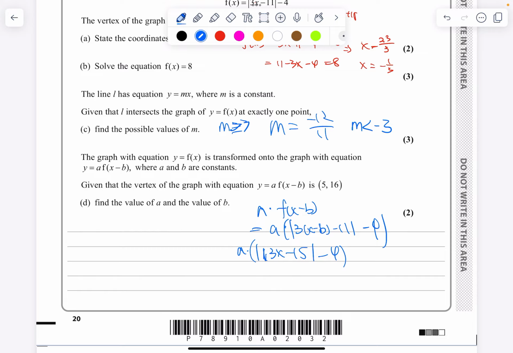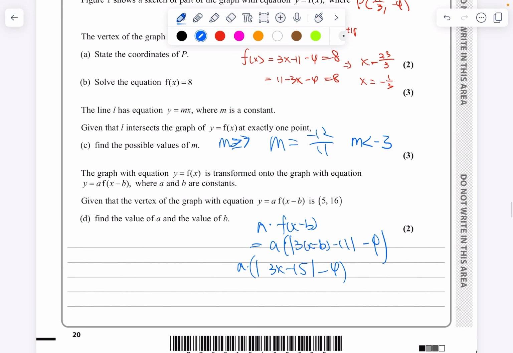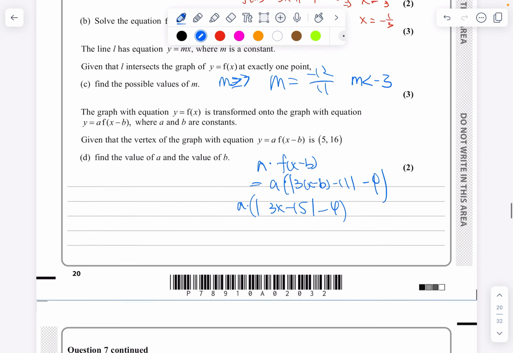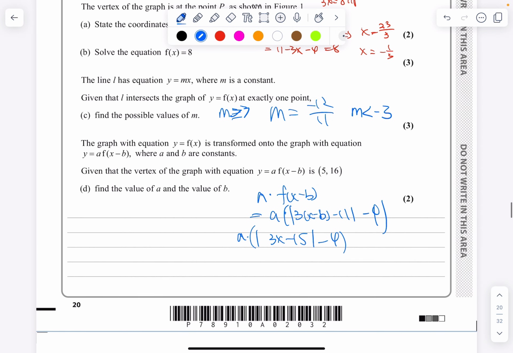Okay, as you can see, if x equals 5, then this thing equals 0, right? So that makes sense. That was the idea of the vertex. And then we know that at point 5, y equals 16.